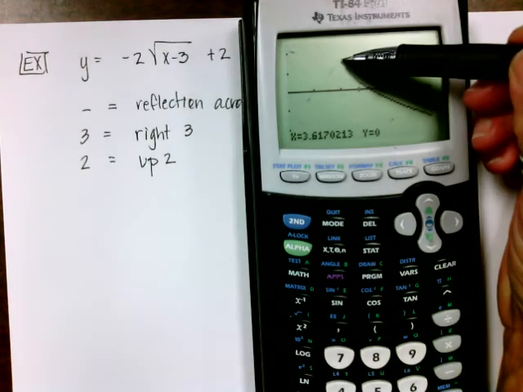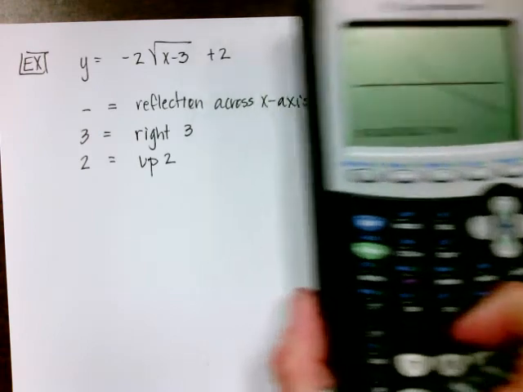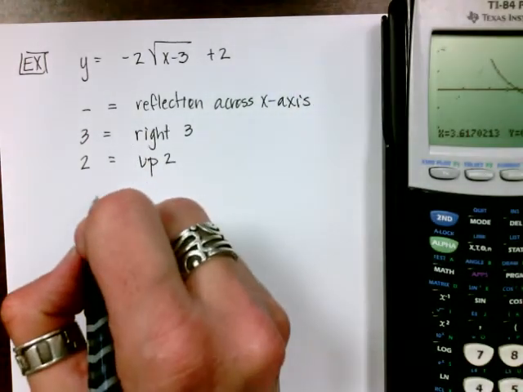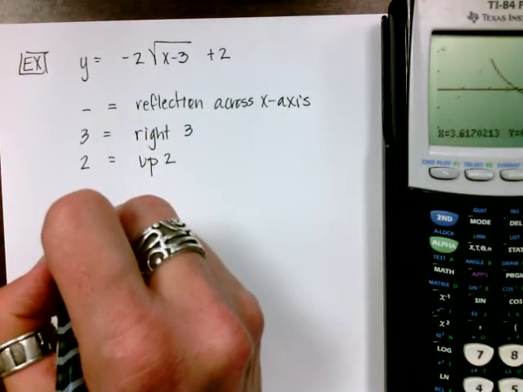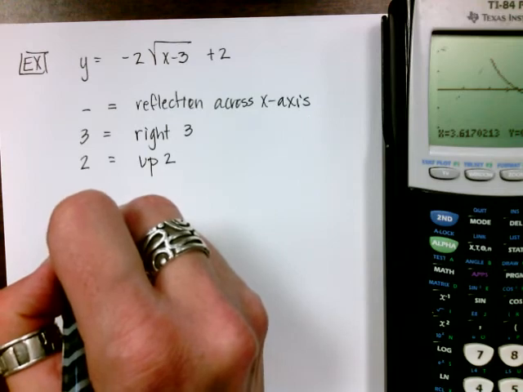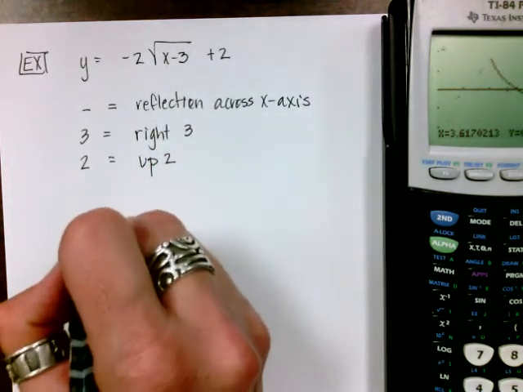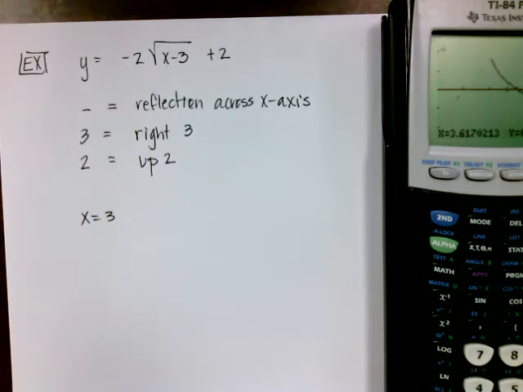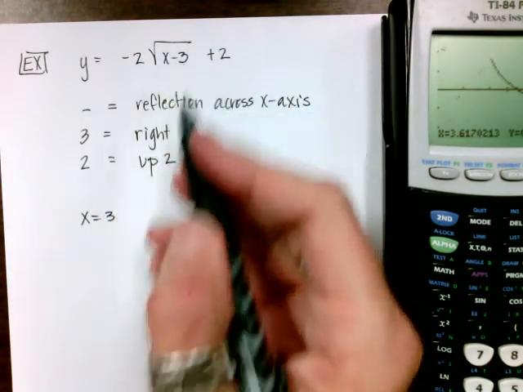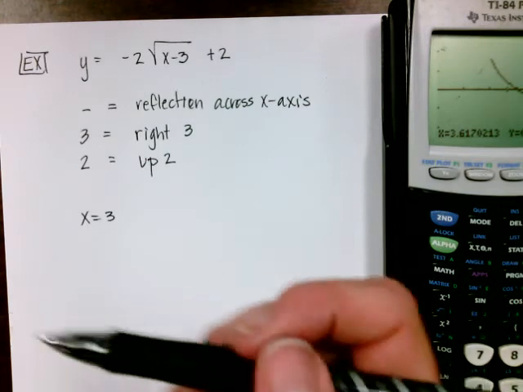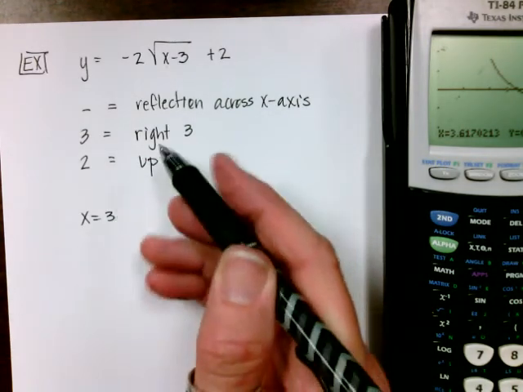So I could actually find the coordinates of that point. It is 3, 2. I could find the coordinates by substituting. I let x equal 3, and I'm doing that because it makes this 0 underneath the radical; anything to the left of 3 is going to be undefined.